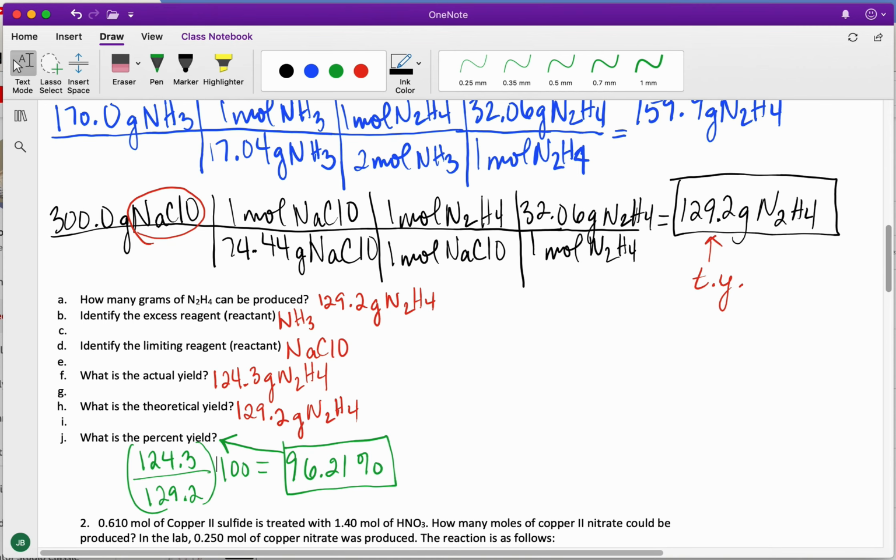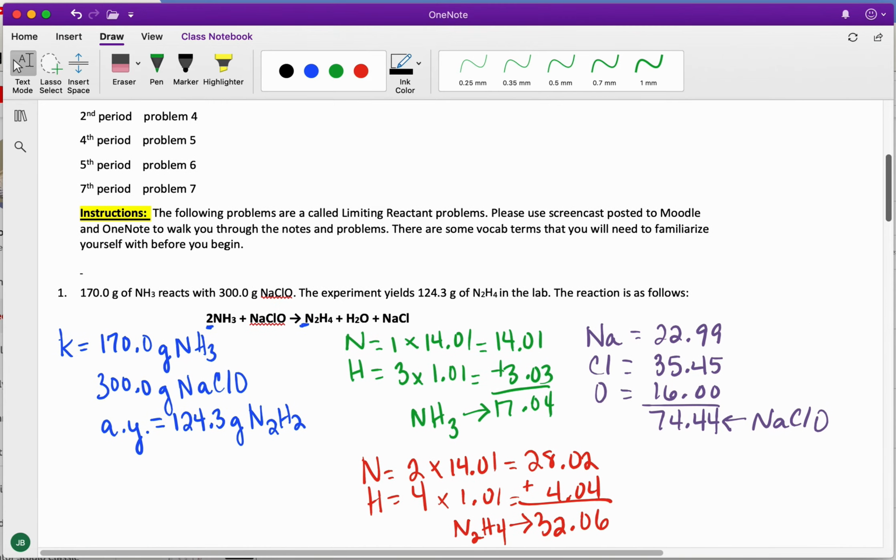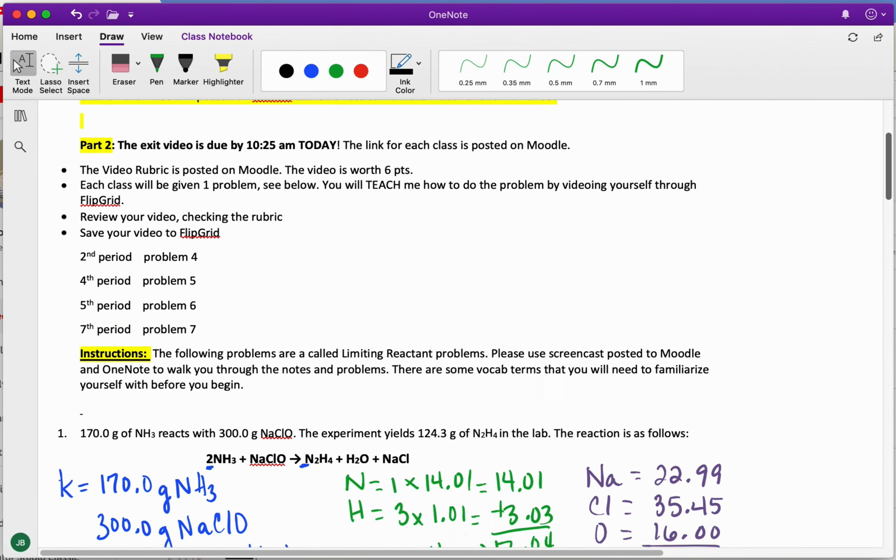All right, so that is how you work out the problems on your worksheet for today's work.